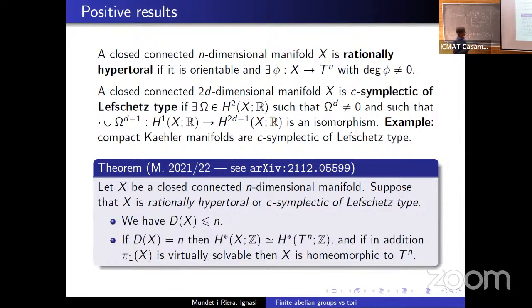And if we assume furthermore that the fundamental group of X is virtually solvable, and this means that the fundamental group of X has a solvable subgroup of finite index, then X not only has the same cohomology as the torus, but it is homeomorphic to the torus.